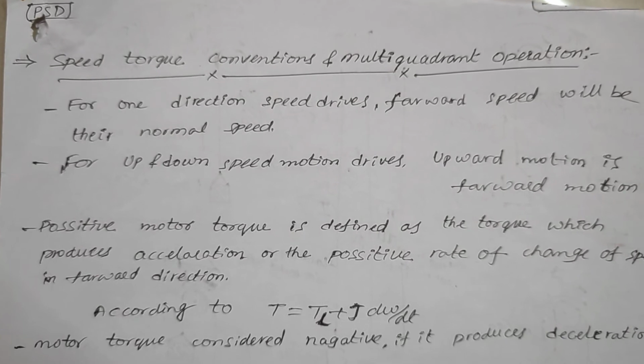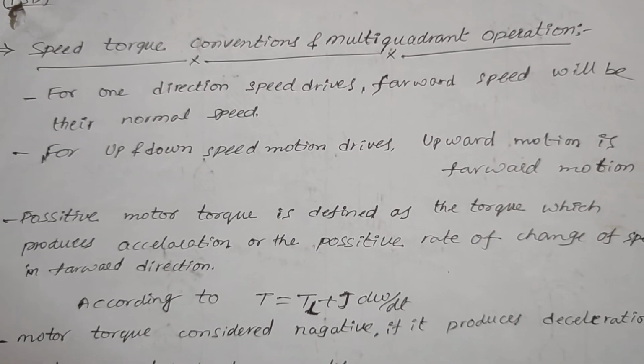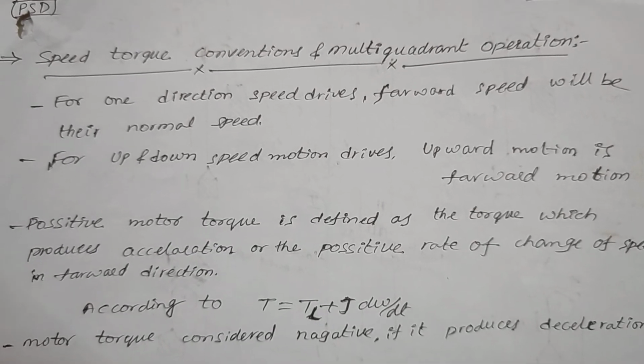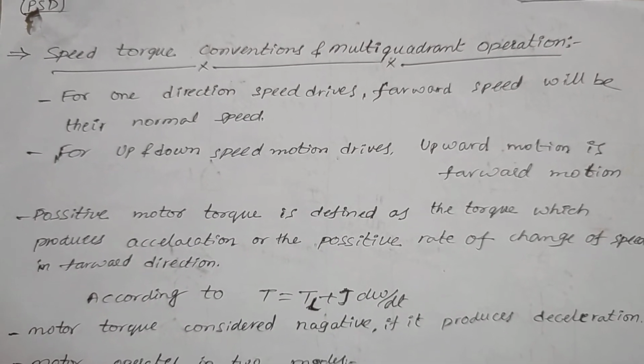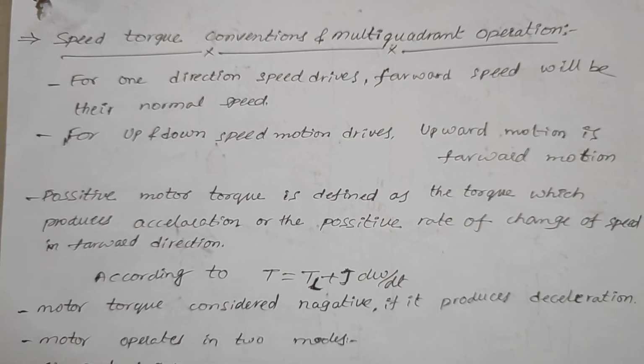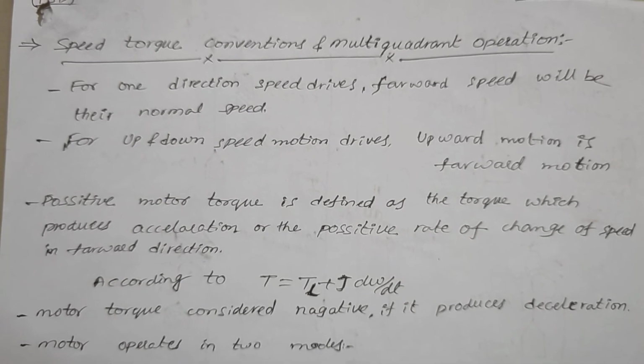Now let us see the speed torque conventions of the multi-quadrant drive. In the speed torque characteristics or multi-quadrant operation, here we will see the basic conventions for one direction speed drives.